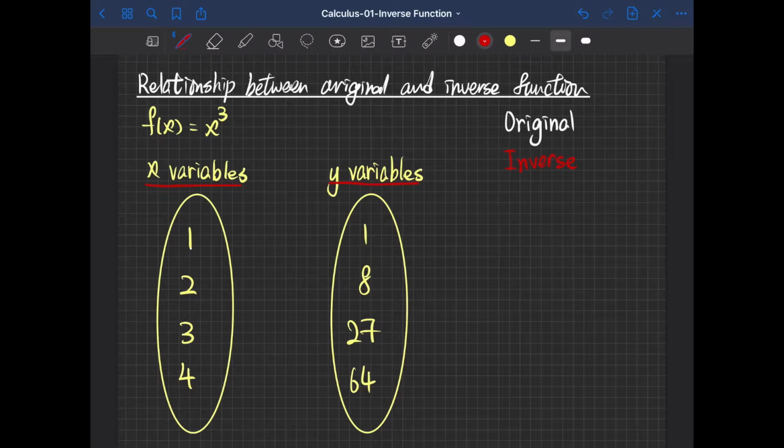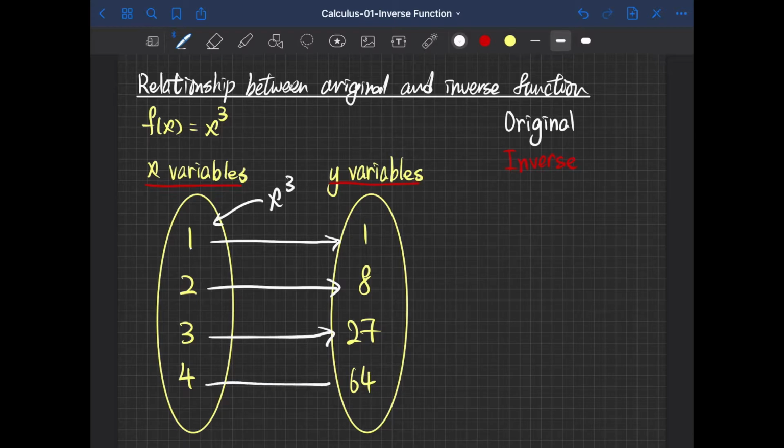For the original x cubed, we're inputting x to find the y. So we input the left hand side and the x cubed, and it will produce the right hand side value. If we can find a function of inputting y to get x, then it is the inverse function of x to the power of 3. And we are seeing the answer now, which is cube root of x.